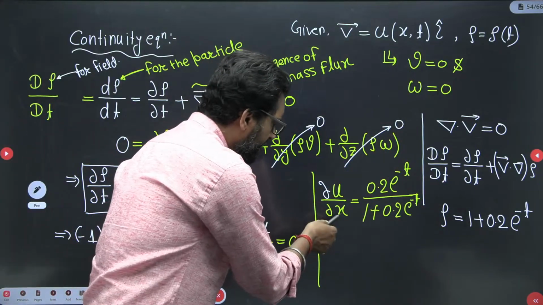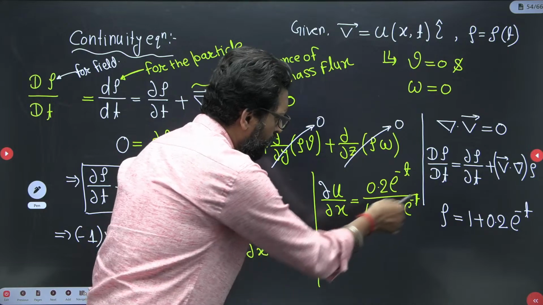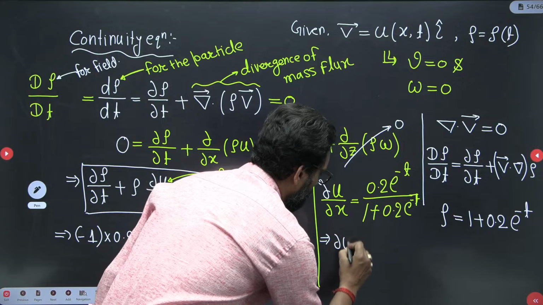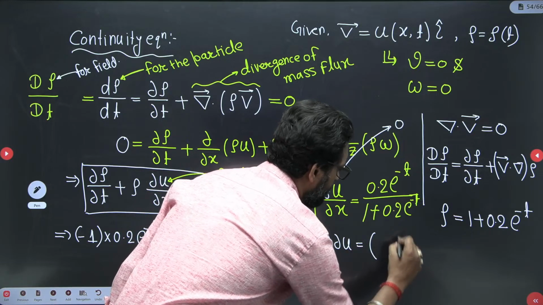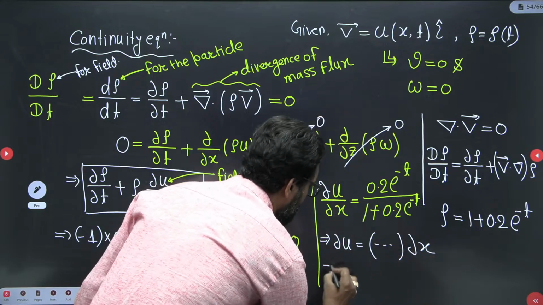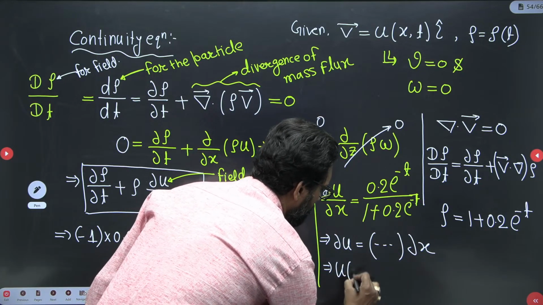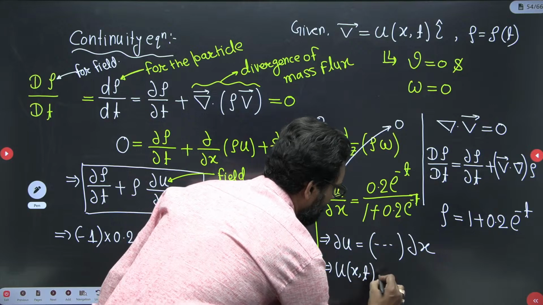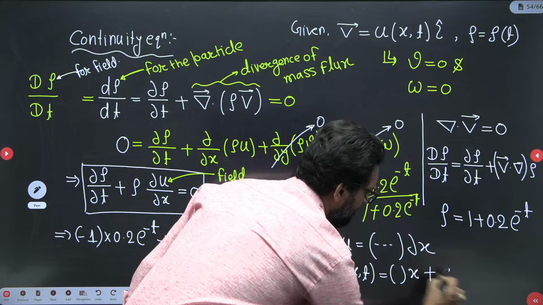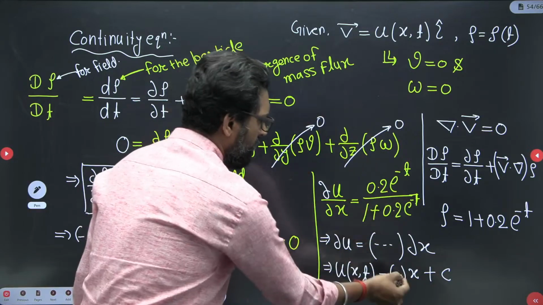Here it is only x, so integrate: dou u is equal to this constant into dx. Now if you integrate, u, a function of x and t, is equal to this constant into x plus c.